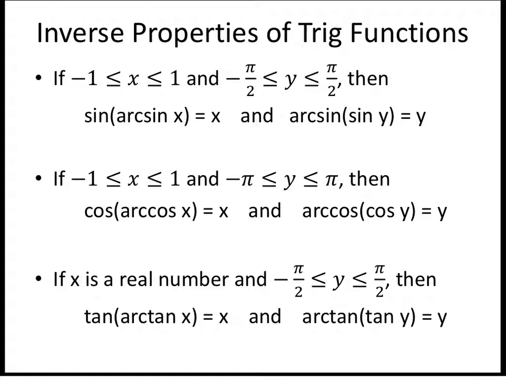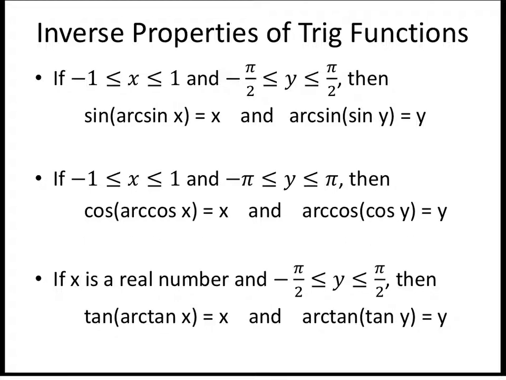Let's talk about the inverse properties of trig functions as well. Just like other inverse functions, if I take the sine of an arcsine of something, I'm going to get my original value. Likewise, if I take the arcsine of the sine of a value, I get my original value. Same goes for cosine and tangent.